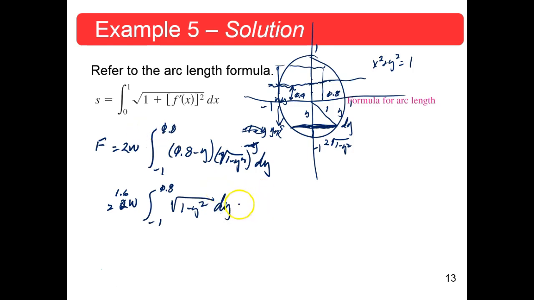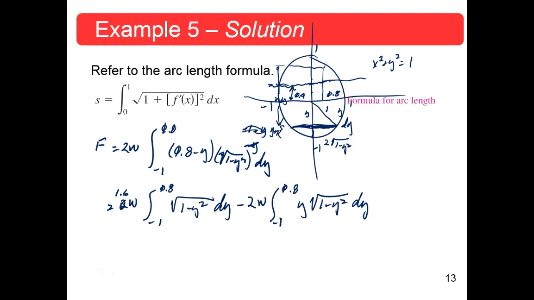And your second integral is going to be minus 2w times the integral from -1 to 0.8 of y times the square root of 1 minus y squared dy. Now, I'm real tempted just to hang this up and make this for the student. Multiply 1.6 by your 48. I didn't write that down. That's density, not weight.